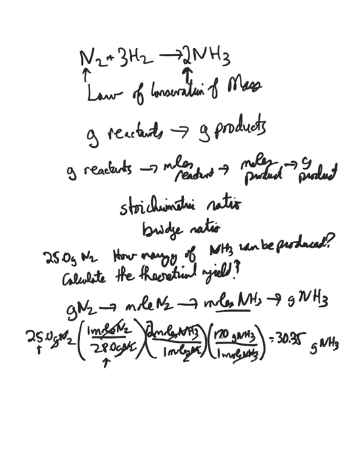The ratio is an exact quantity, and then I've got 3 sig figs, so I can only have 3 sig figs. My correct answer is going to be 30.4 grams of ammonia. And that's my theoretical yield, the maximum amount of ammonia that can be produced, if I'm starting out with that many grams of nitrogen, and assuming that I have enough hydrogen to have everything go to completion.